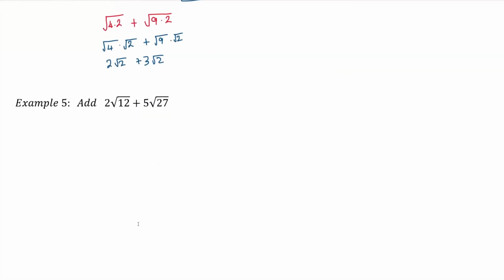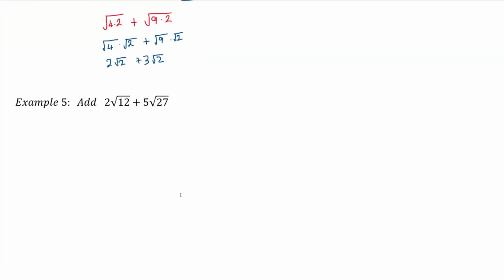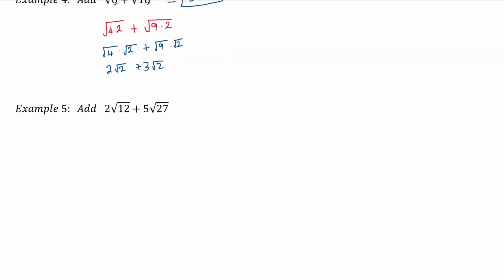All right, so let's look at example 5. You want to add 2 times the square root of 12 plus 5 times the square root of 27. Same thing, right?